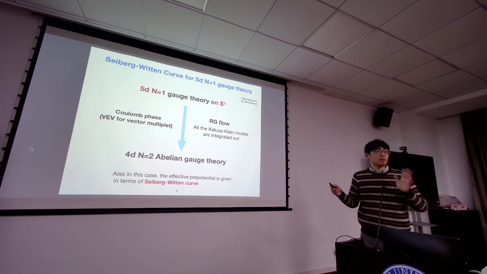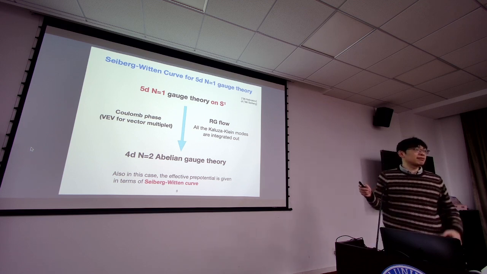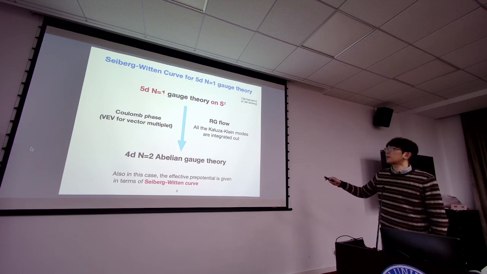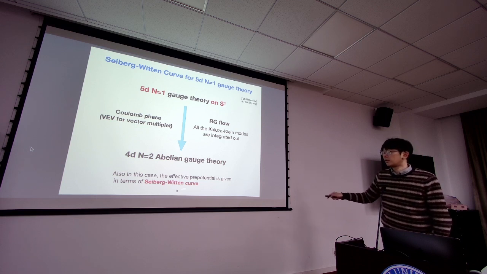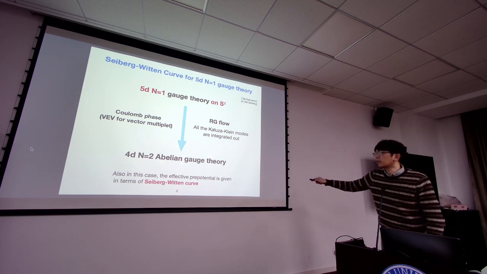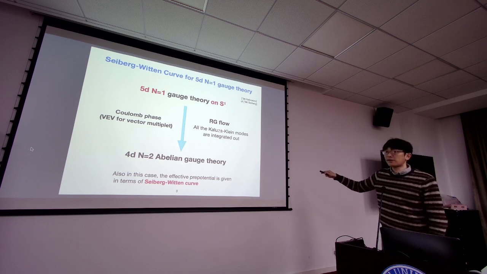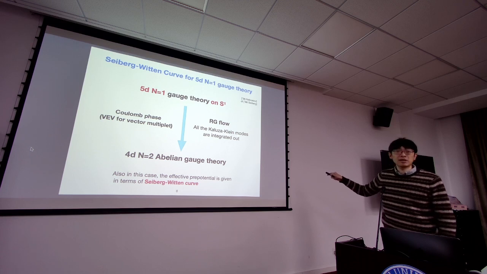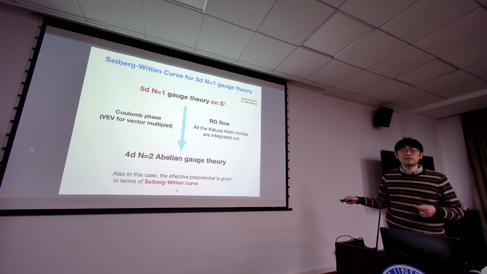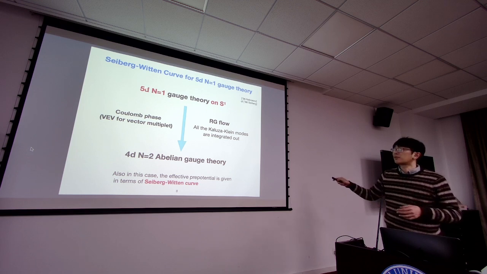So although originally the Seiberg-Witten theory started for 4D theory, even if we consider 5D N=1 theory compactified on S1, we can also consider the Seiberg-Witten curve. And although the IR theory is 4D, because of the effect of the integrated out Kaluza-Klein modes, the detailed form of the curve is of course different from starting directly from 4D N=2.